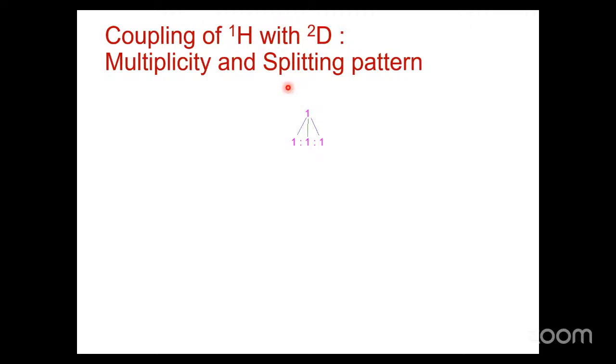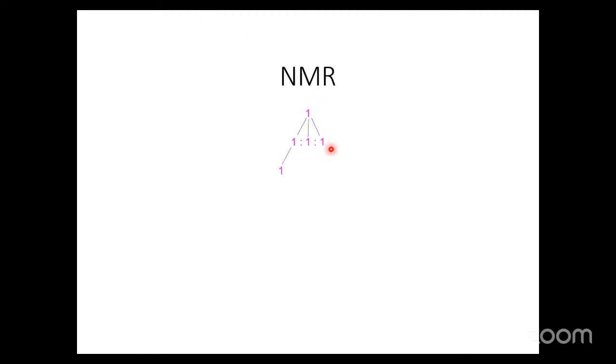Then for such a molecule you can calculate the intensity of the multiplet like this. If the neighboring carbon has only one deuterium, which has spin quantum number 1, you get a triplet in the intensity 1:1:1.